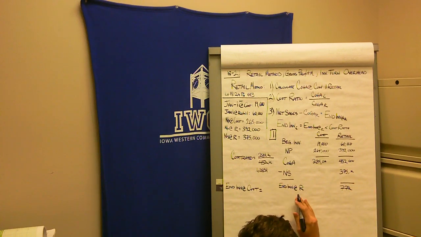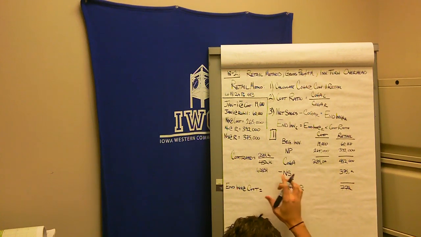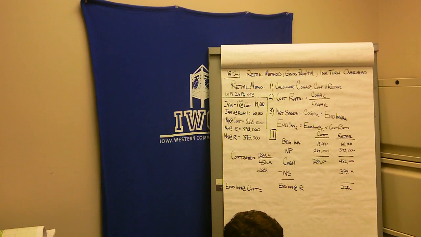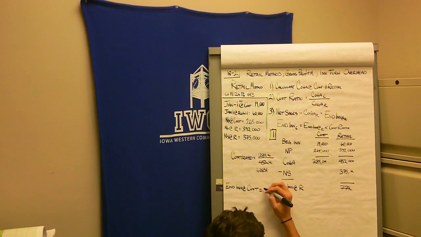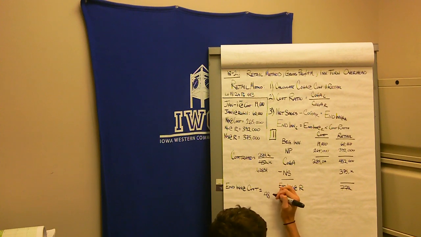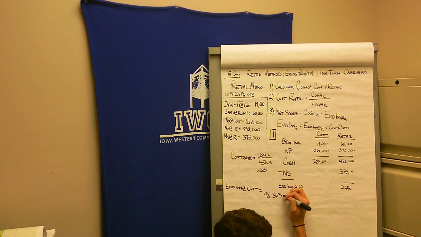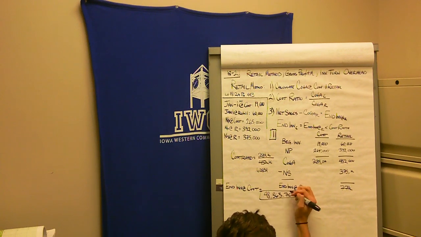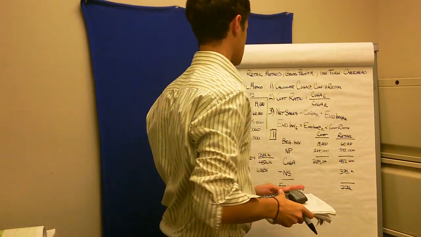Now that's my ending inventory at retail. I'm going to multiply that by our cost ratio, 0.6281, so I've got $48,363.70. So that is my ending inventory at cost.